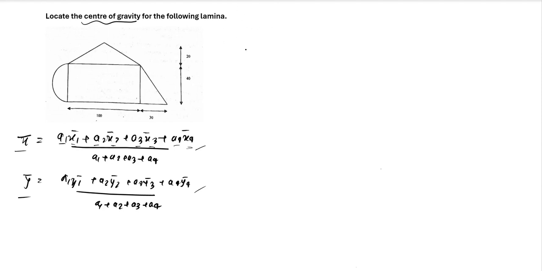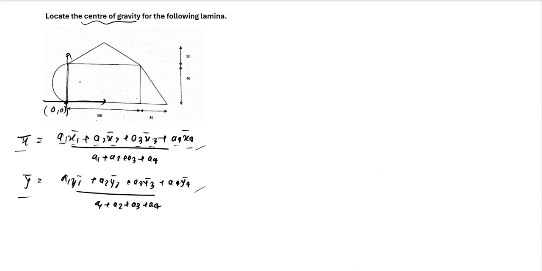We know all the coordinates of the figure. So let us first establish the coordinate system. Let us consider this point as our origin, 0 comma 0, so that whatever we calculate will be measured from this origin only.